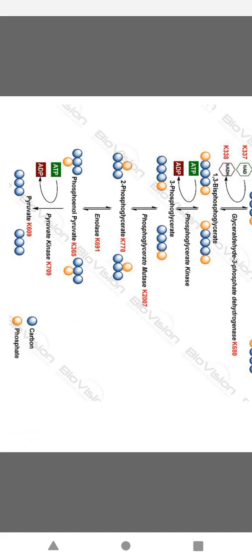And then the final step, the enzyme pyruvate kinase catalyzes the transfer of high energy phosphate from phosphoenolpyruvate to ADP and produces ATP, and this is an essential step. This step is also an irreversible step. Finally, we get pyruvate from phosphoenolpyruvate. The final product is pyruvate. So this is the aerobic glycolysis.